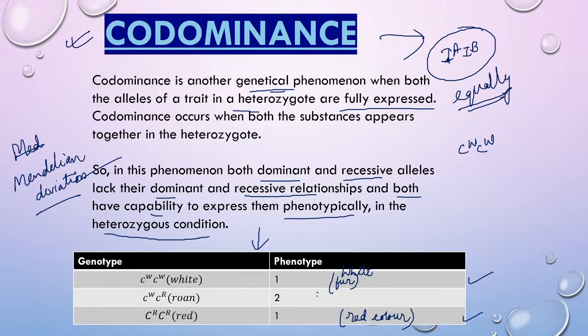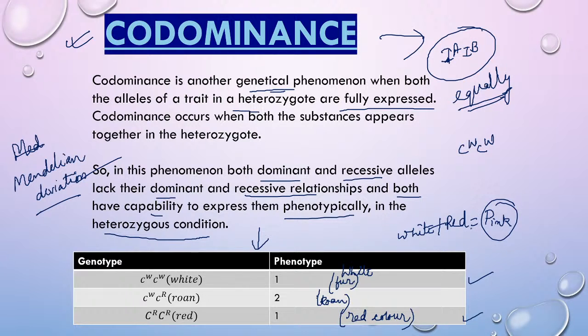We obtain a different color which is neither intermediate nor a dominant color. That is, neither is it white nor is it red nor is it an intermediate color. We just obtain a different color which is a roan color. Roan color is almost like a brownish color. So if we mix the red and the white color, we will obtain an intermediate color, that is pink, which we see in the Mirabilis jalapa flower.